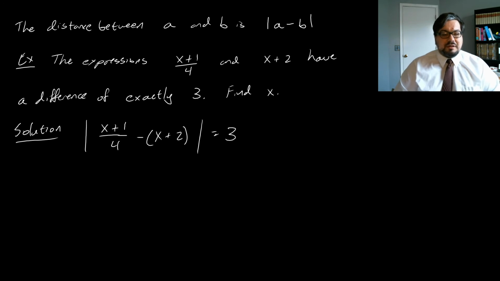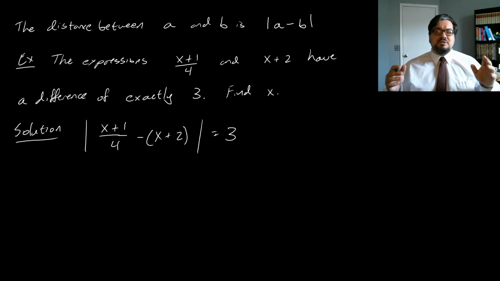So we want to know the solution to this absolute value equation. Now, there are a couple of ways of doing this. We can break up the absolute value into its two equations immediately, or we can simplify inside the absolute value first and then split things up.